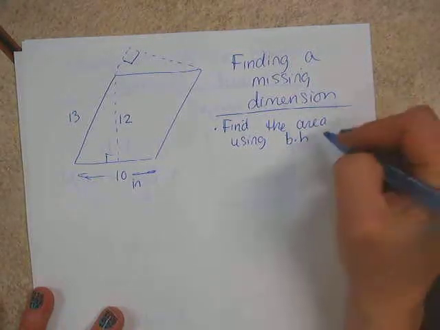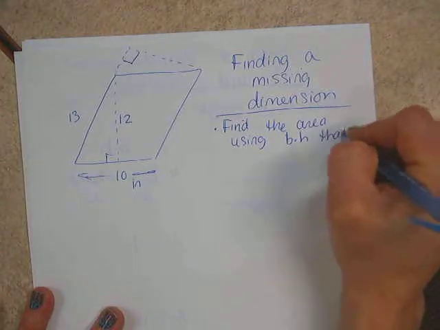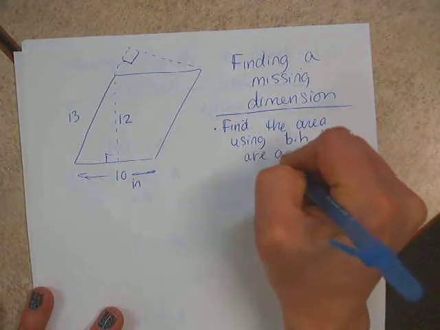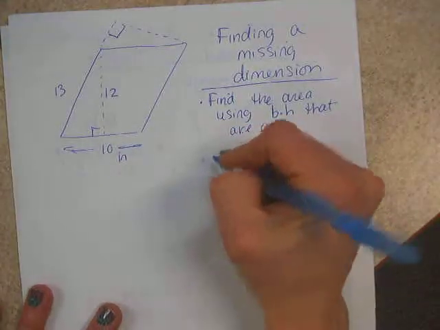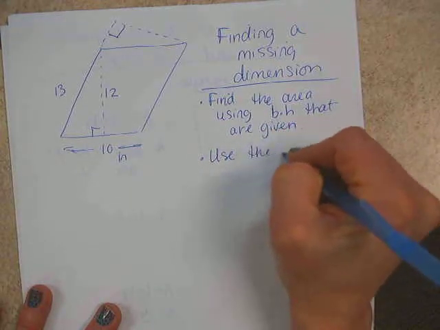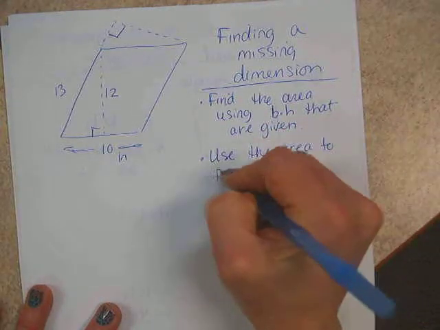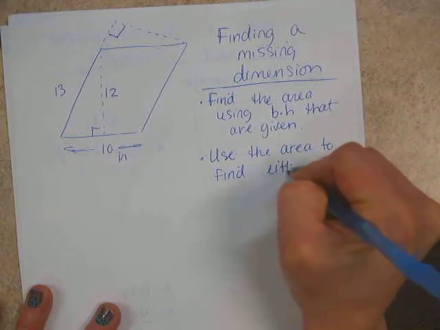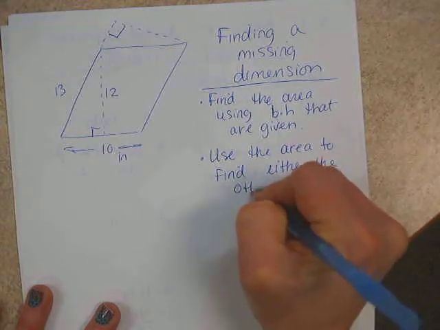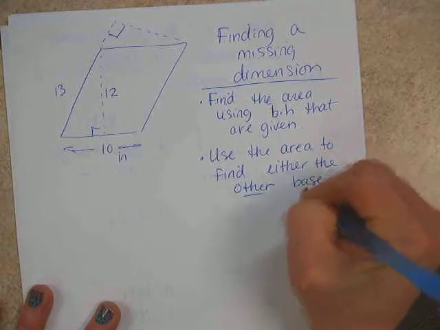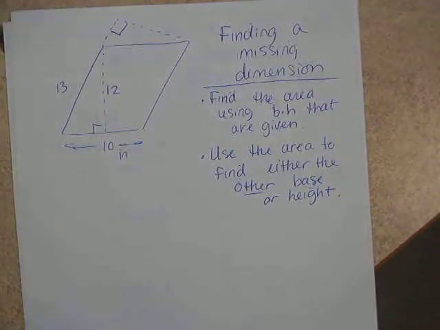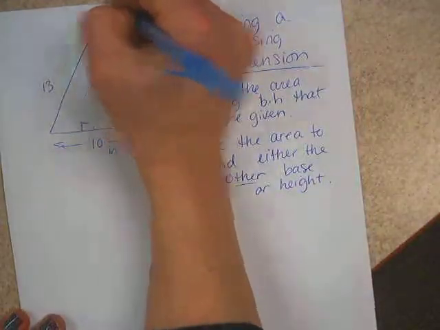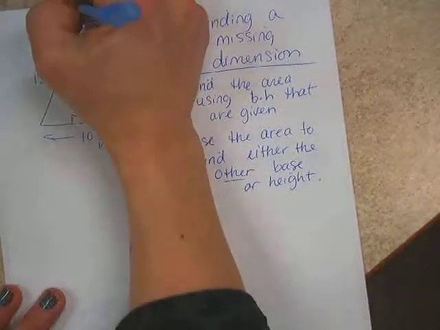You're going to find the area using base times height that are given. And then you're going to use the area to find either the other base or height.